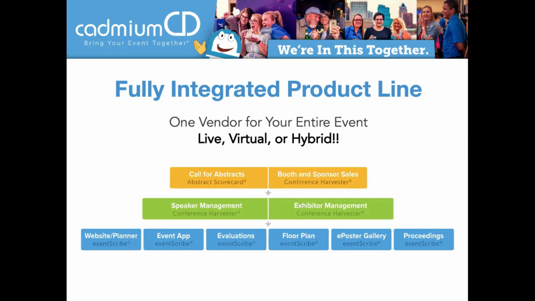But the beauty behind using the platform is that the content that's being collected in the Harvester module, whether it's speaker or exhibitor, this is where you're adding and deleting speakers. You're collecting all of the content that you need for your virtual meeting, whether it's speaker, exhibitor, or sponsor related, and that information then is processed and displayed on the planner and the app. So that combination makes it really powerful.